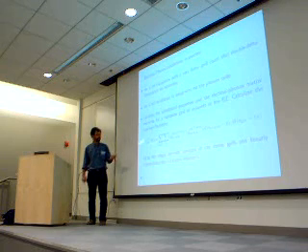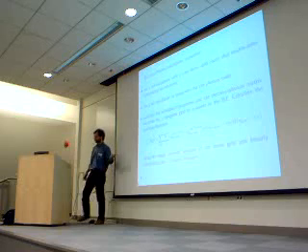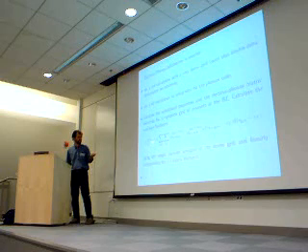So you calculate this, and then once you have calculated this quantity, you can Fourier interpolate with respect to Q to any density you desire.